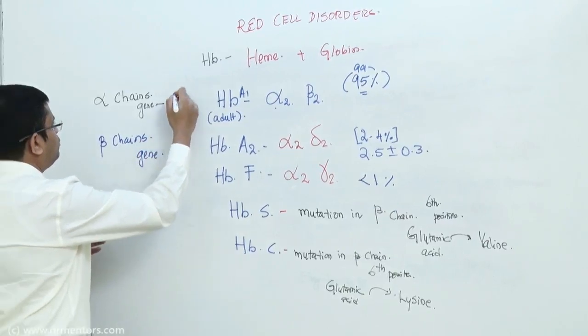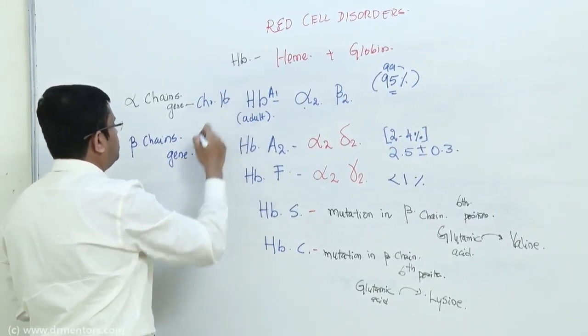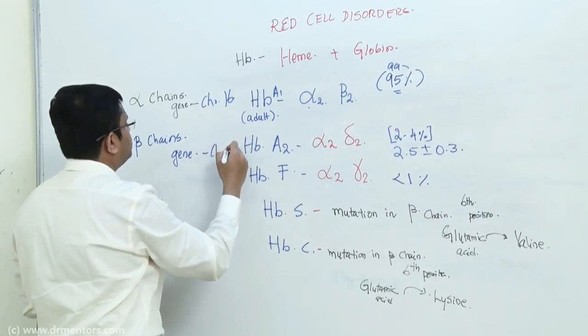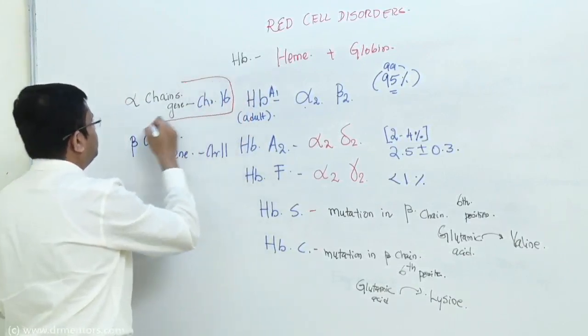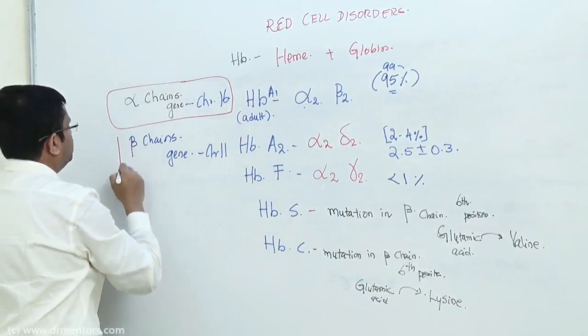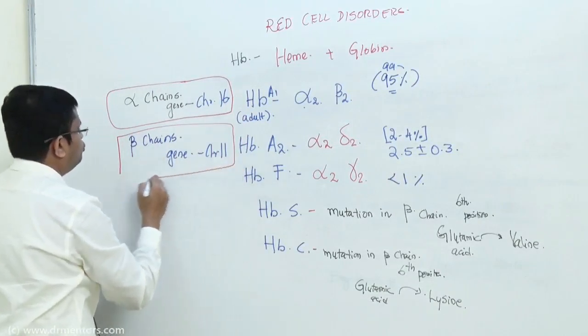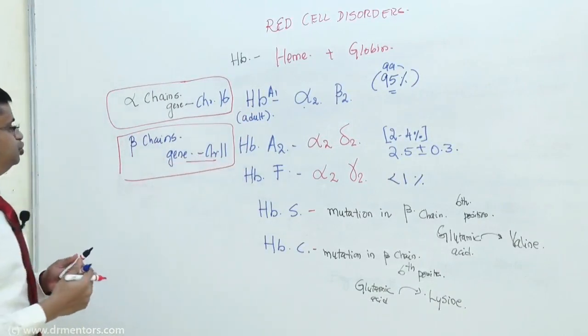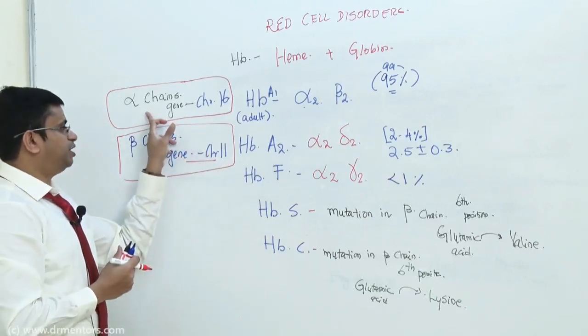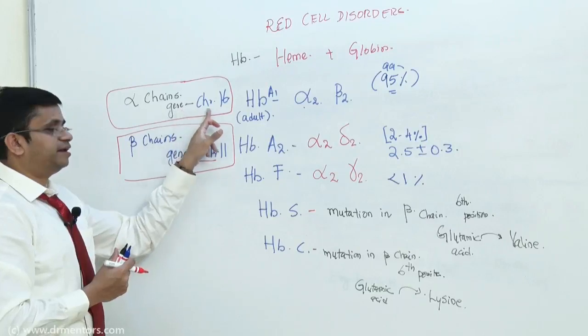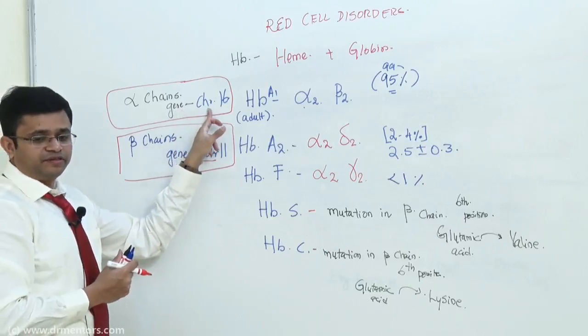The alpha chain locus is chromosome 16. The beta chain locus is chromosome 11. So please understand, this is an MCQ. The beta chains are produced from the gene residing in chromosome number 11. The alpha chain is produced from the gene residing in chromosome number 16.